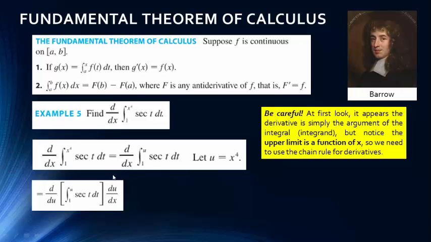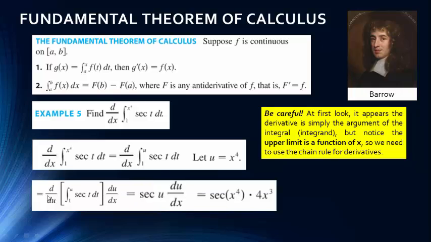All right. Well, we know that the derivative of this first part is simply secant u, but we also have to remember that this is an implied function of x, so it's secant u based upon the first fundamental theorem of calculus.